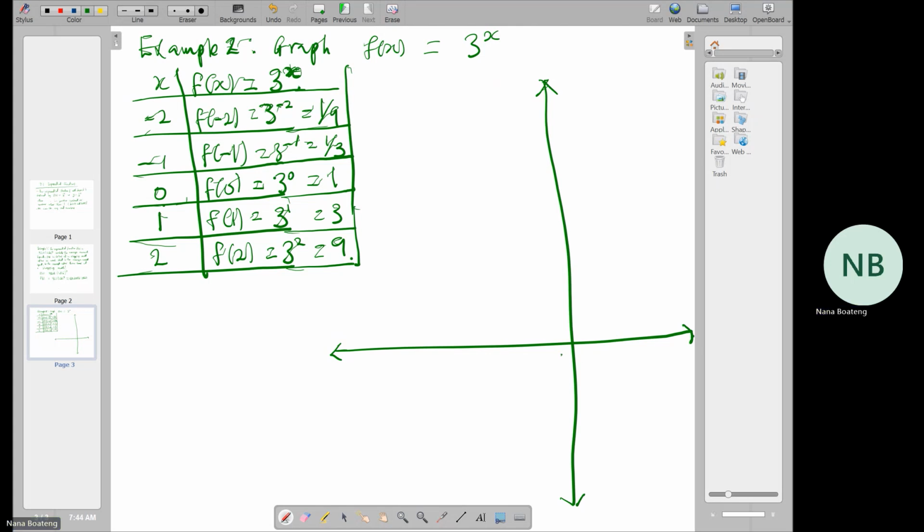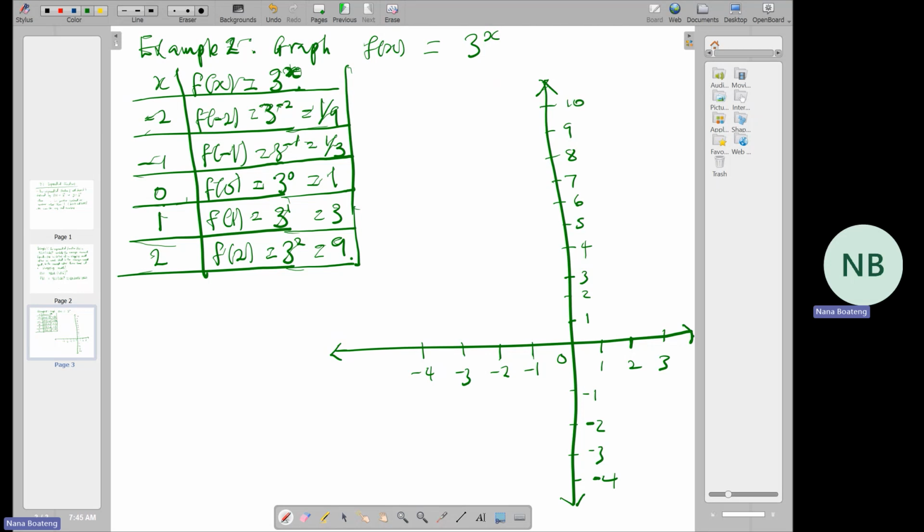This is 0. This is -1, -2, -3, and -4. And this is 1, 2, 3, 4, 5, 6, 7, 8, 9, and let's say this is 10.